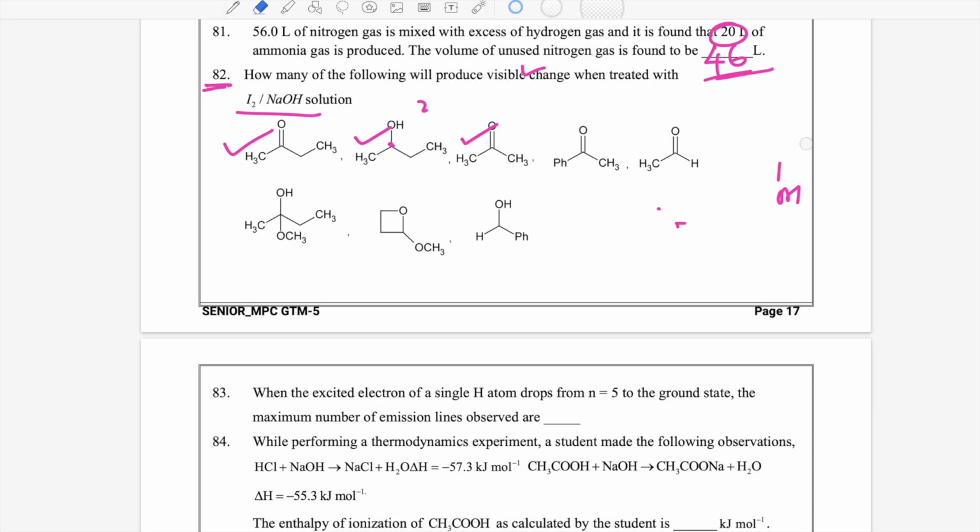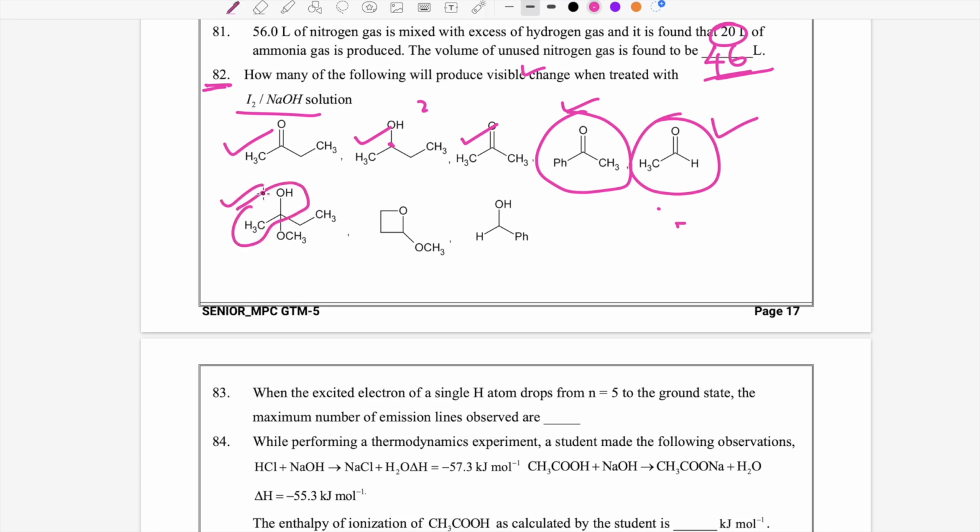Acetone obviously gives it. Next, acetophenone. Acetophenone also gives it. Acetaldehyde also gives it. So this methyl group gives it, but benzaldehyde will not give it. Benzaldehyde is like this, it cannot give it, and this one also will not give it, since it is a cyclic form, so it cannot give it.